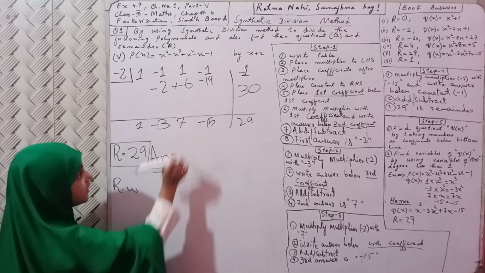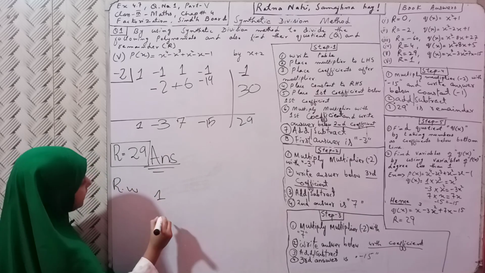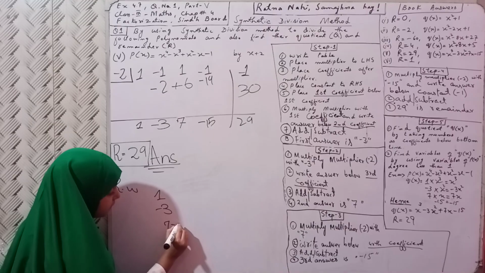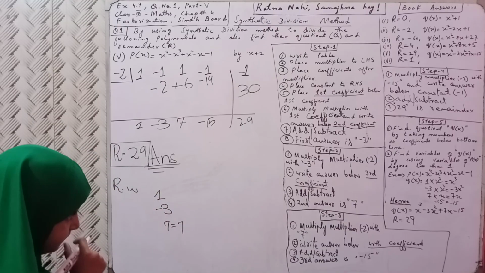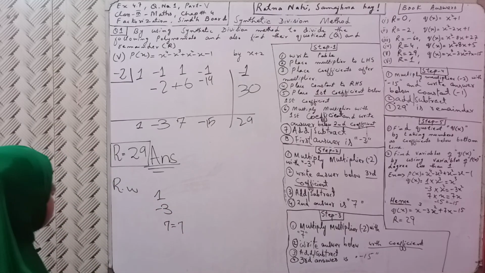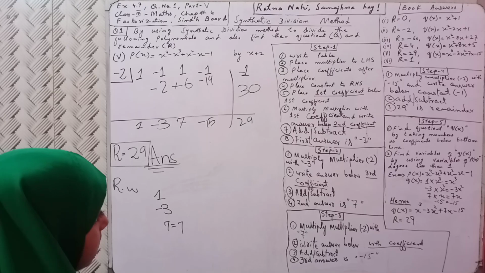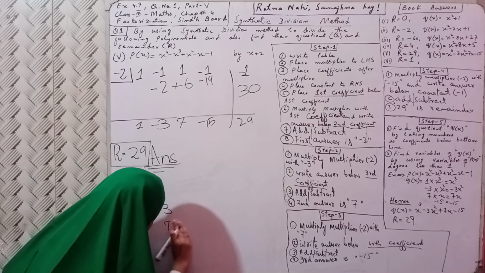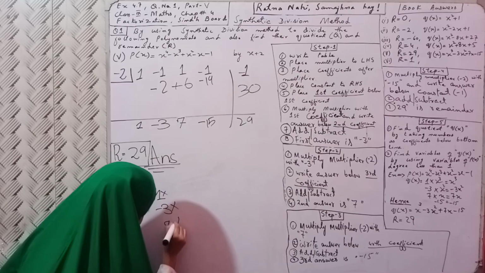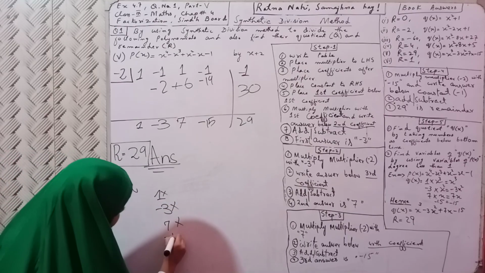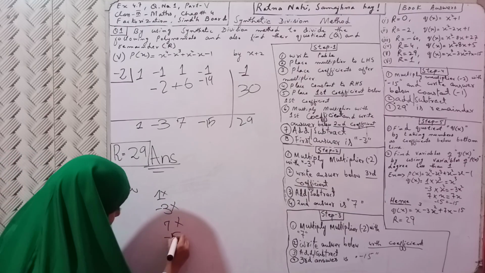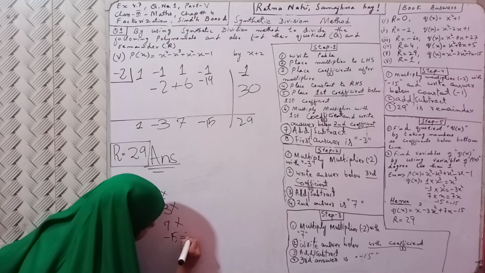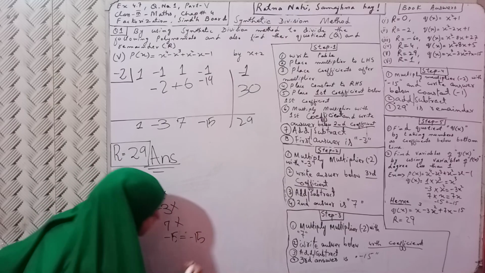First of all, these coefficients will become here: 1, minus 3, and 7, and minus 15 will come as it is.